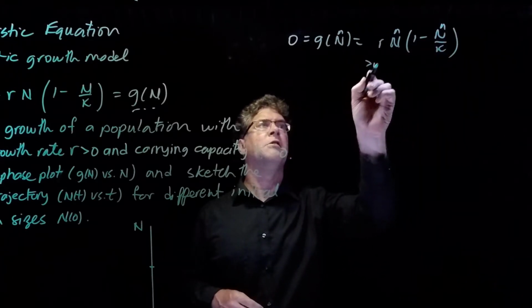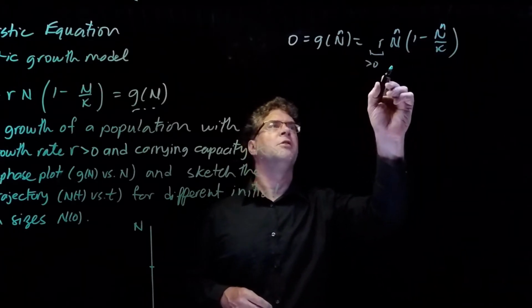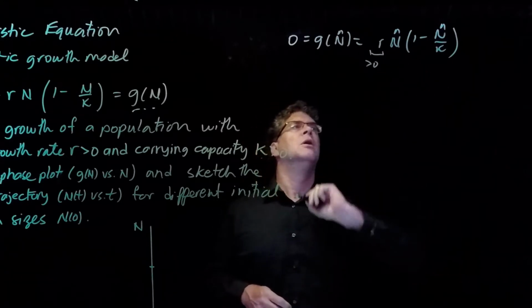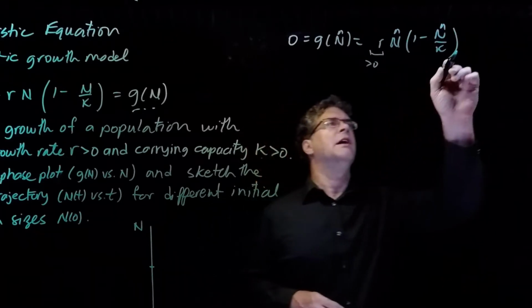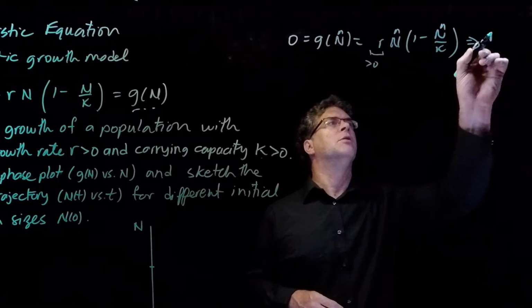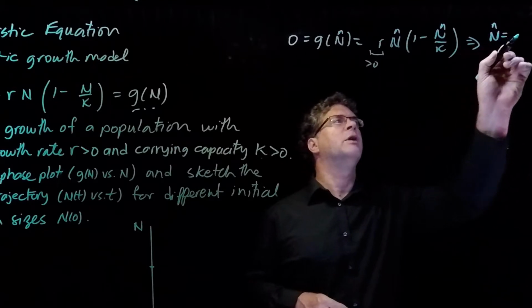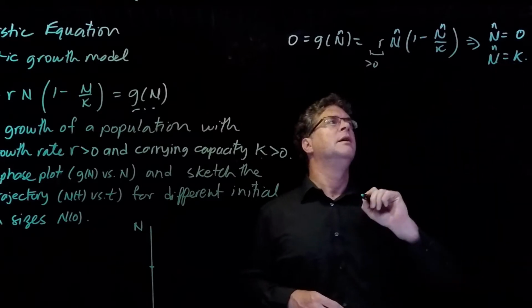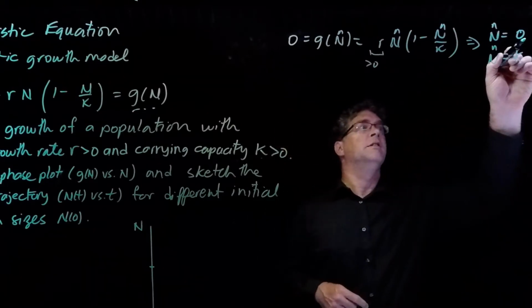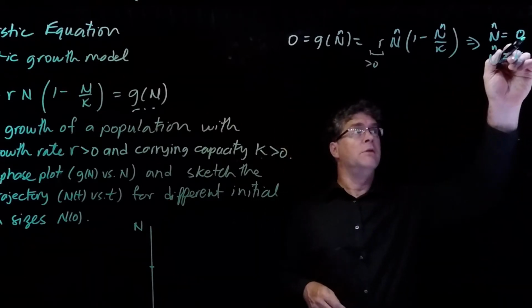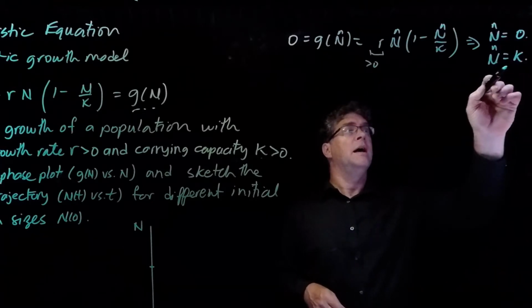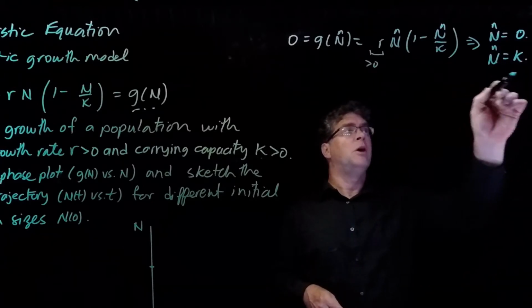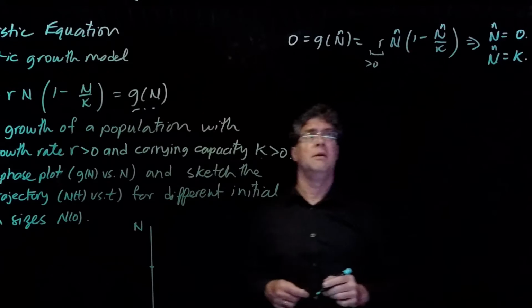And we know that r is a positive parameter, and so either N is equal to 0 or 1 minus N over K is equal to 0. So putting the hats on the N's there, we have N hat is equal to 0 or N hat is equal to K. This first equilibrium is when there's no individuals in the population, and the second equilibrium is when the population is at carrying capacity.